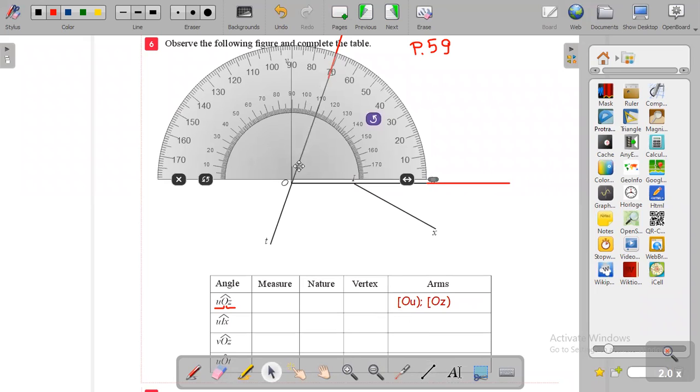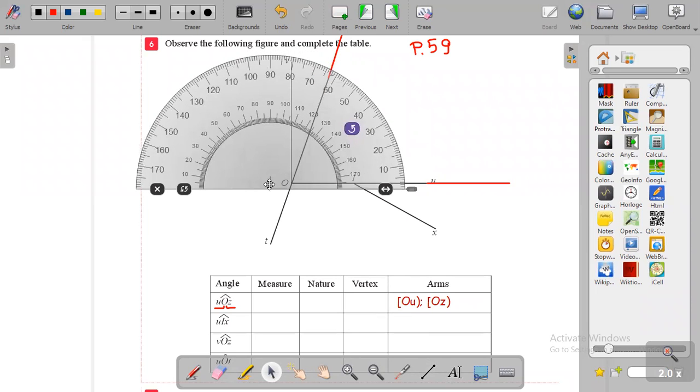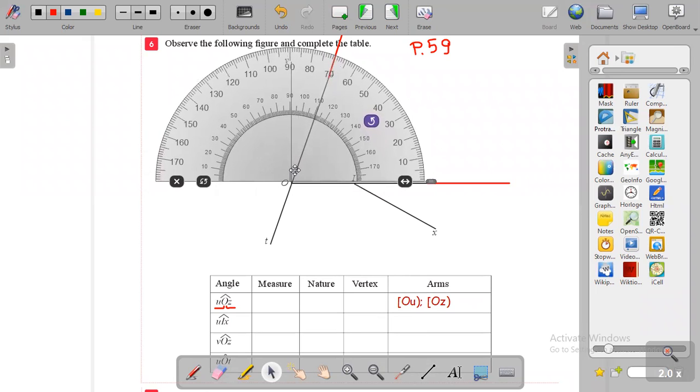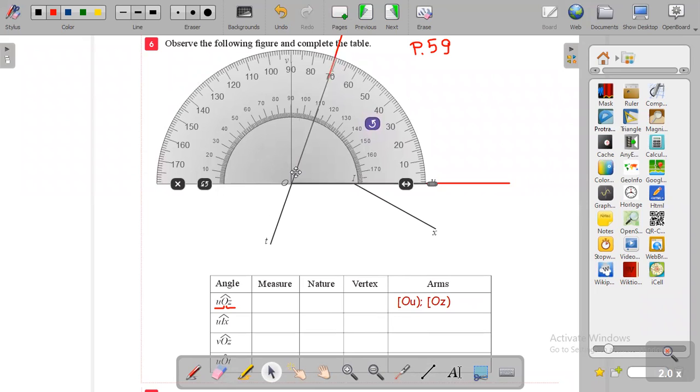And we put this zero or this dash on O. We start from 0. Which numbers are starting from 0? These or these? These starting from 0. So we measure from 0.